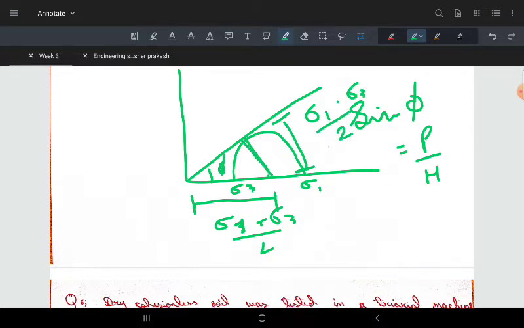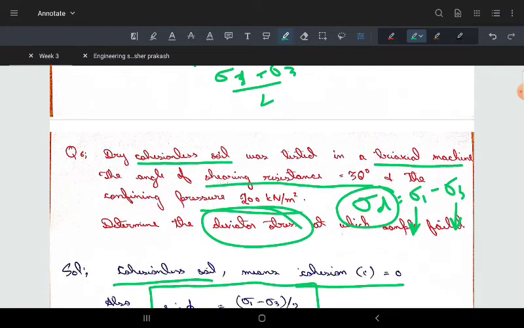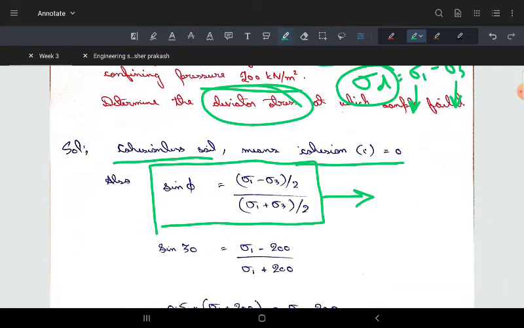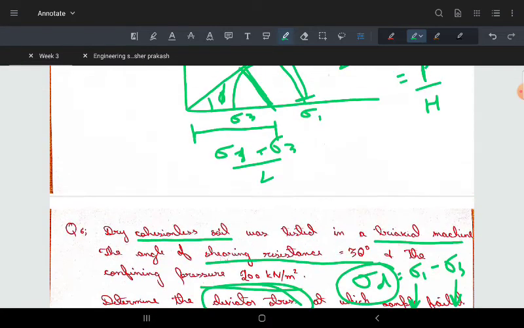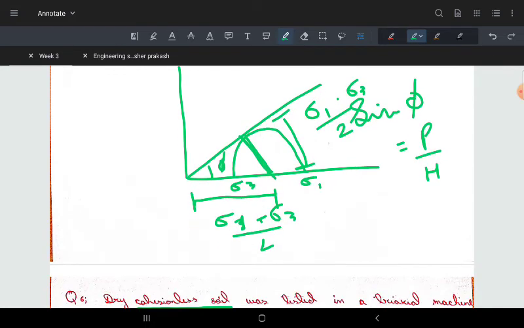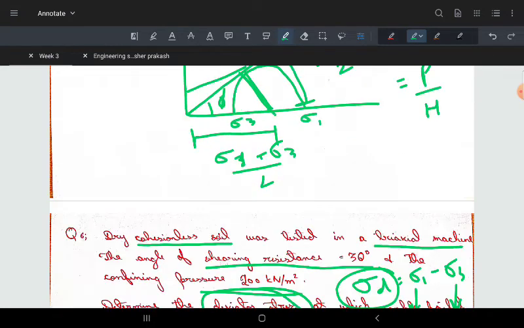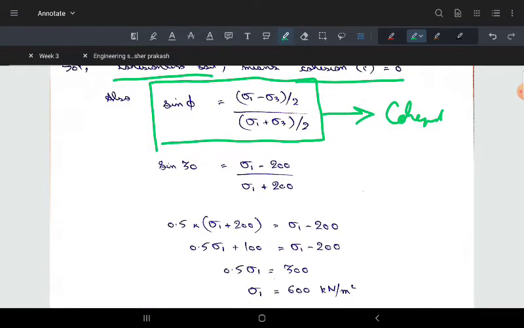So sin phi is equal to (sigma 1 minus sigma 3)/2 divided by (sigma 1 plus sigma 3)/2. Note this is only for cohesionless soil. If we have any cohesion intercept, the equation will change and this is not applicable.